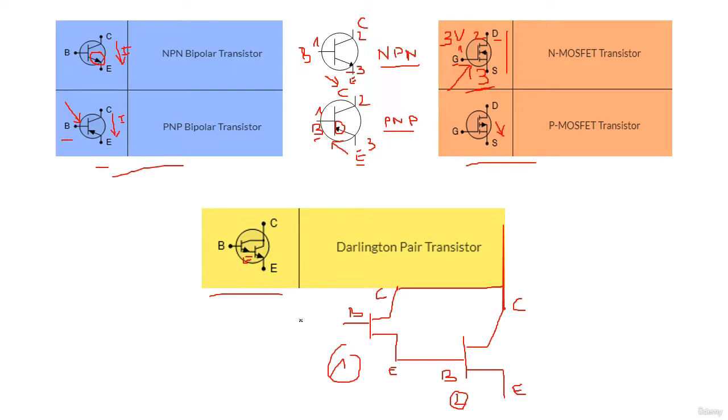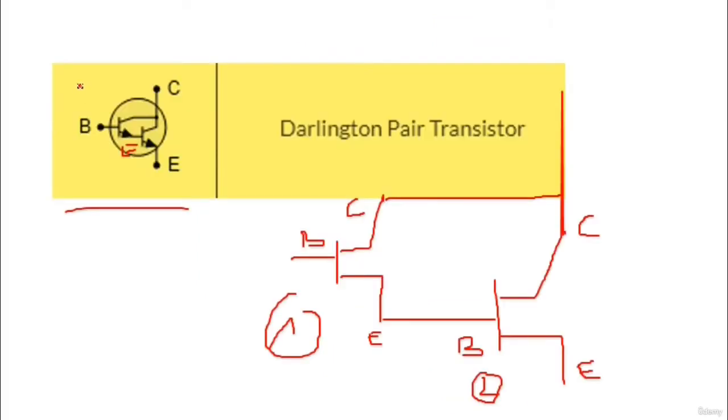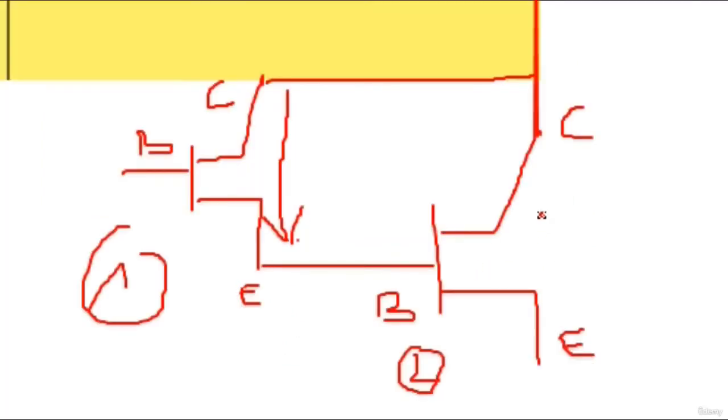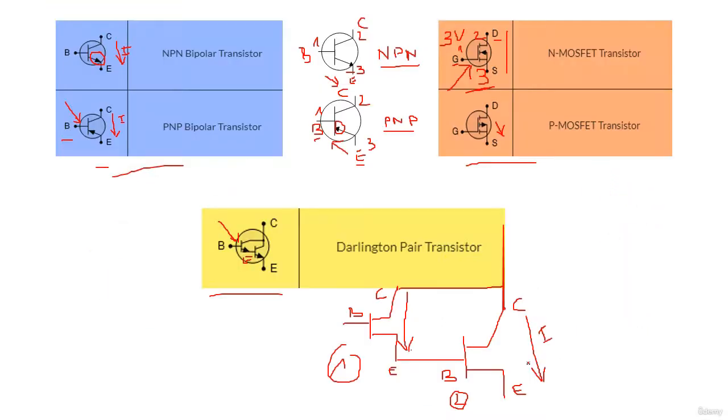So when we apply an enable voltage here, this transistor will be activated, so the current flow will happen over here. Then the second transistor will be activated and the current flow will happen over here. So this is the Darlington Pair transistor working principle.